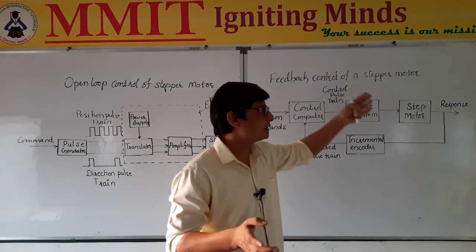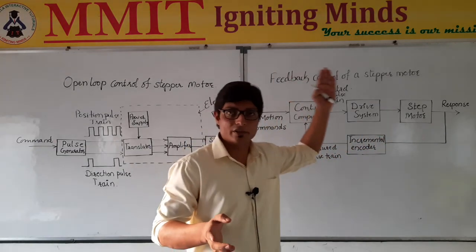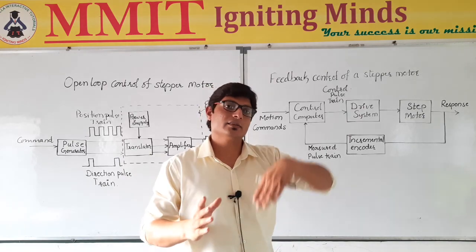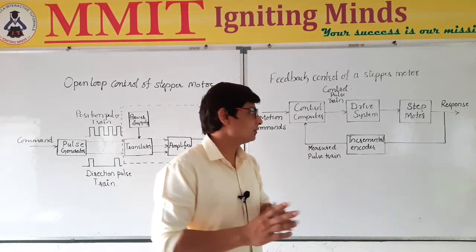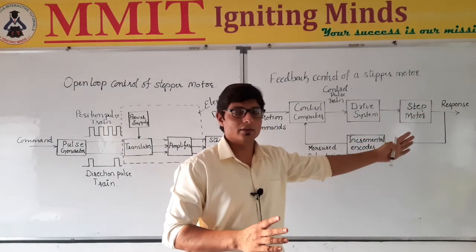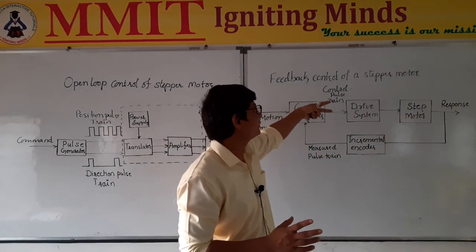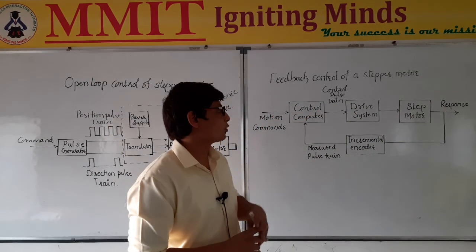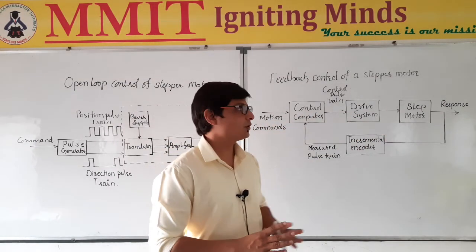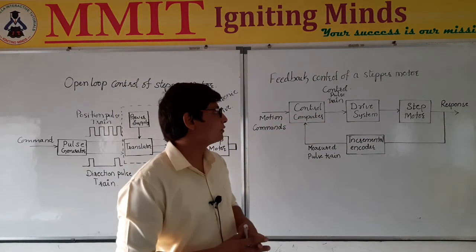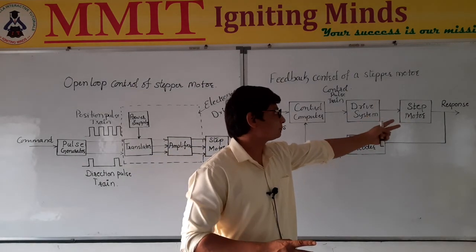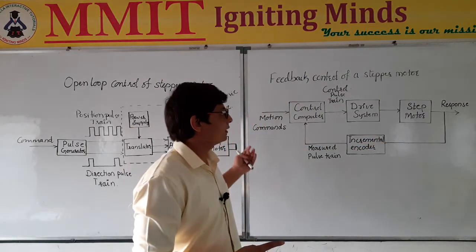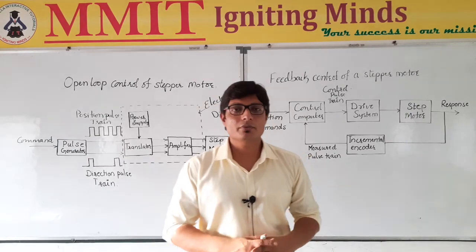Until it is made sure that the motor has rotated in the proper direction and for the proper number of set steps sent by the previous pulse train, it does not allow further sending of the control pulse train to the driving system. In that way it is possible to have proper control over the rotation of the step motor, and it is also very easy to determine whether the number of pulses applied are directly being transferred to the step motor or not. This way we can achieve precise control of the step motor.